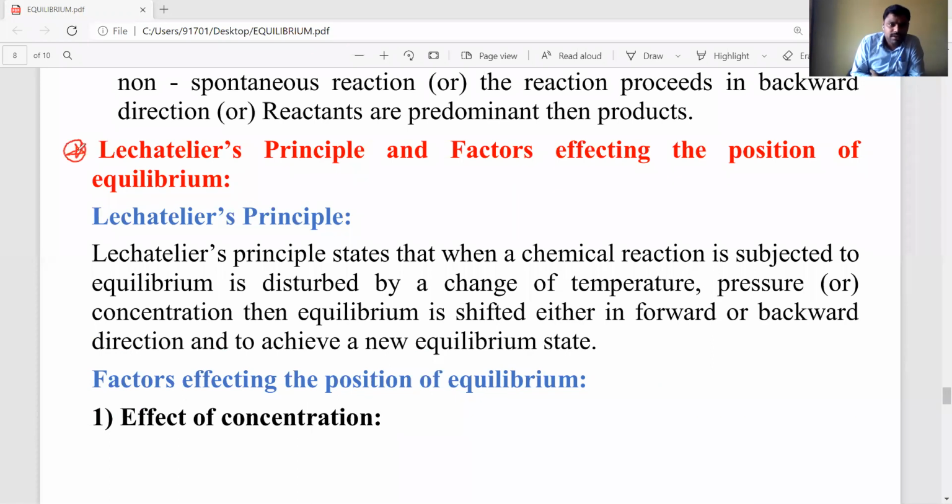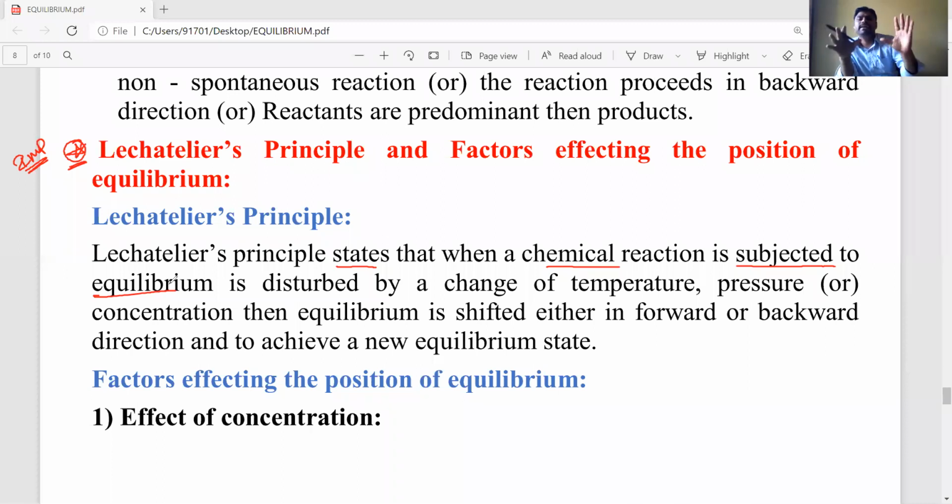Okay, students. Now, the Le Chatelier principle, and the factors affecting the position of equilibrium based on this principle, are very, very important. What is the Le Chatelier principle? It states that when a chemical reaction is subjected to equilibrium, meaning you take one chemical reaction existing in an equilibrium state, and now I want to disturb that equilibrium state and make a new equilibrium state, how is that possible?